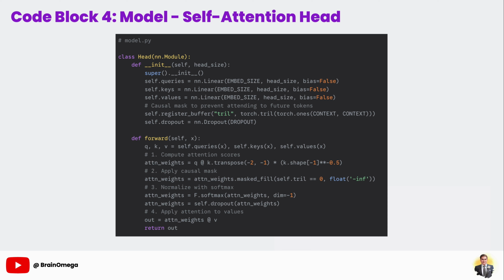In the forward method, we first calculate the attention scores. We do this by taking the dot product of every token's query with every other token's key. This tells us how much each token should pay attention to every other token. But here's a crucial rule. In language, you can't know the future. A token at position 5 shouldn't get information from a token at position 6. That's where our tril mask comes in.